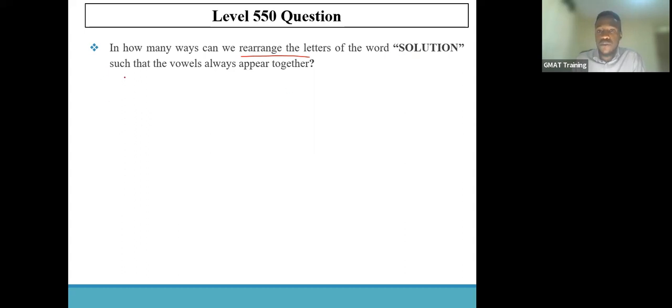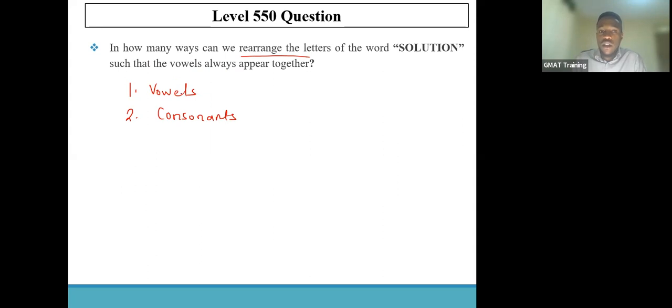In this case, the units that you're going to be arranging, one is the vowels, and two is the consonants. Since we want the vowels to appear together always, it means we can consider them as one unit.